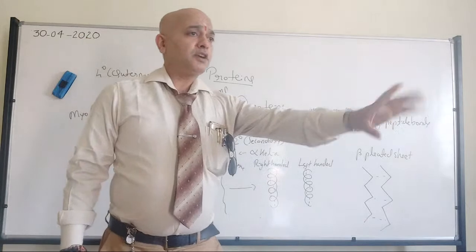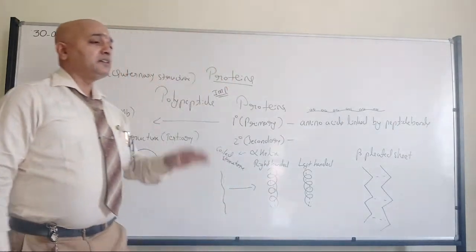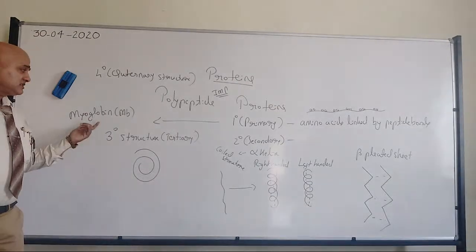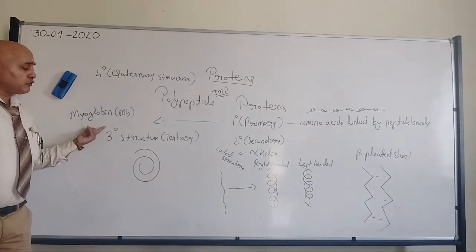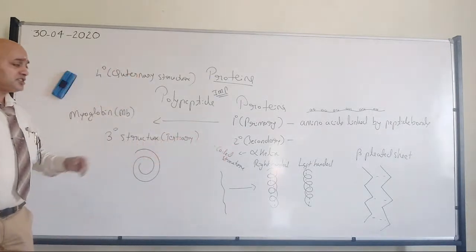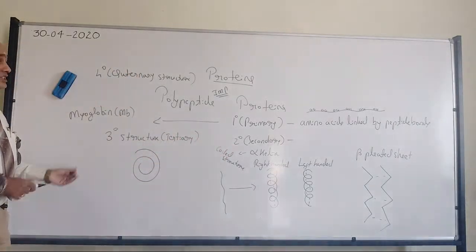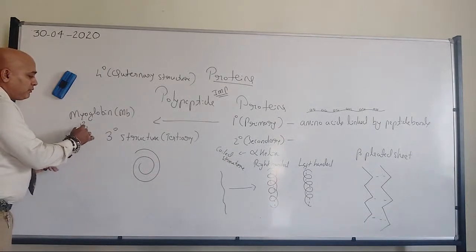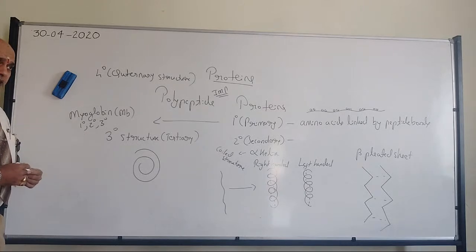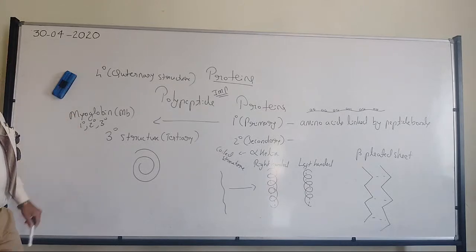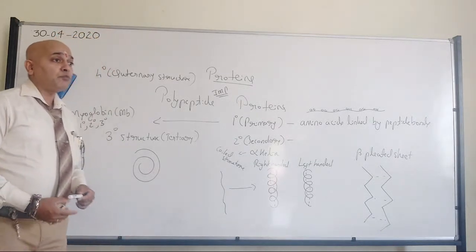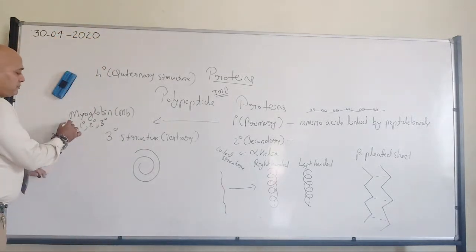So Ravikant, whatever you have written is absolutely right. Before that I have to give some explanation. Fine? So that's where we have myoglobin which will be having primary, secondary, tertiary. No quaternary structure in myoglobin. Okay? But when it comes to quaternary structure, the compulsion is they should have more than one polypeptide.